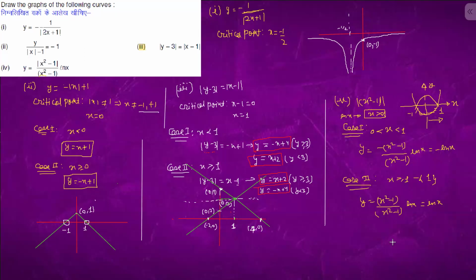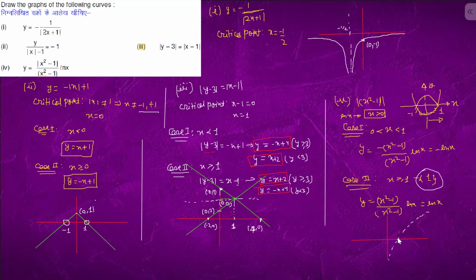Now this is the time for the coordinate axis. The critical point has come out to be, so for ln x we have a normal graph like this, okay? And we know that x equals 1 is eliminated.